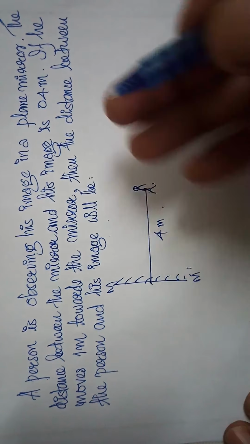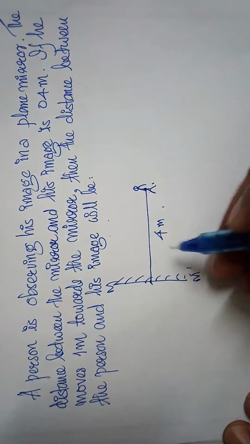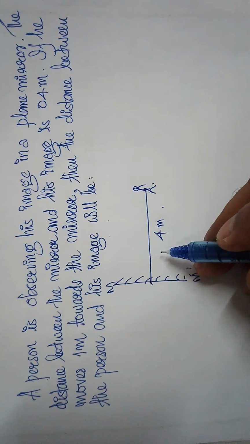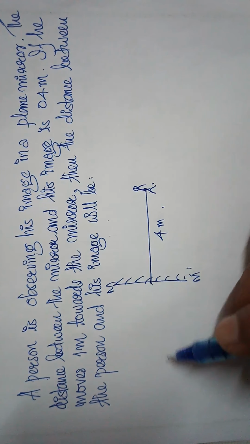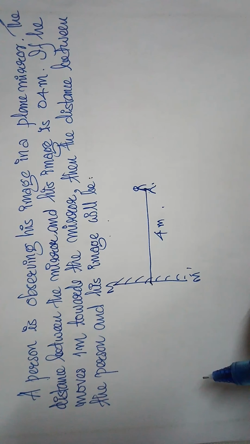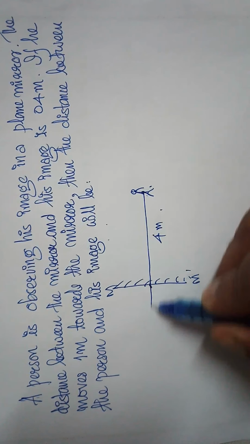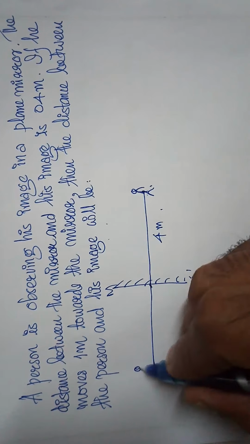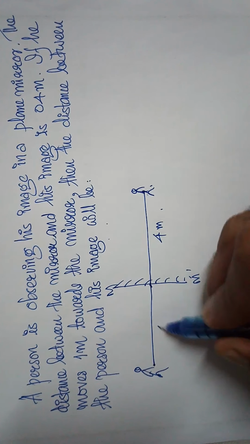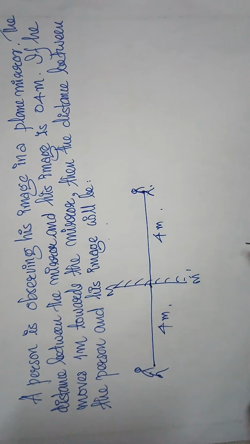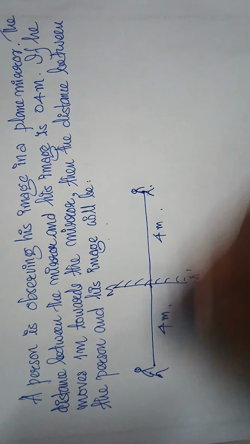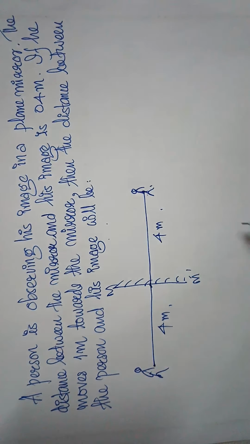Based on that law, the distance between the object and the mirror will also be 4 meters. So the total distance between the object and image will be 8 meters.